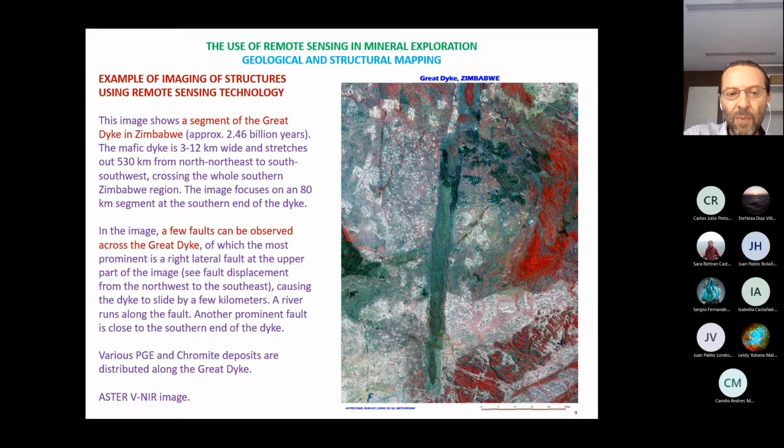And there are various deposits associated with this dike. Now, these deposits are not hydrothermal. These deposits, you see here the text, the PG means platinum group element. So platinum group elements are like platinum, osmium and rhodium, things like this.